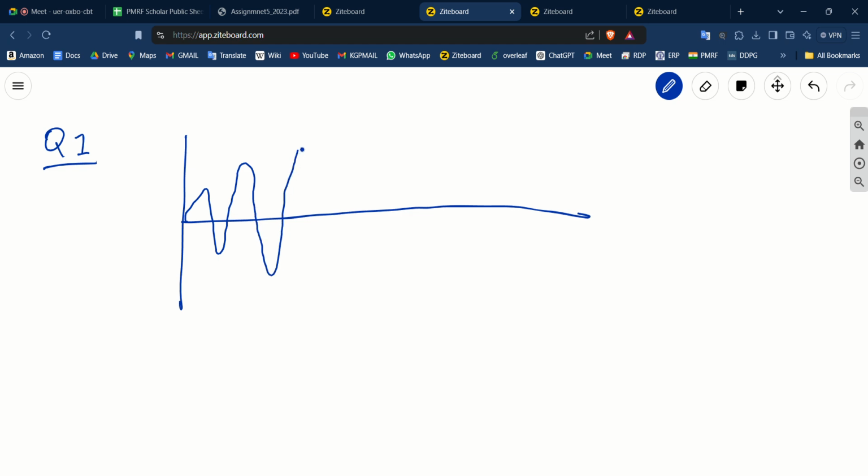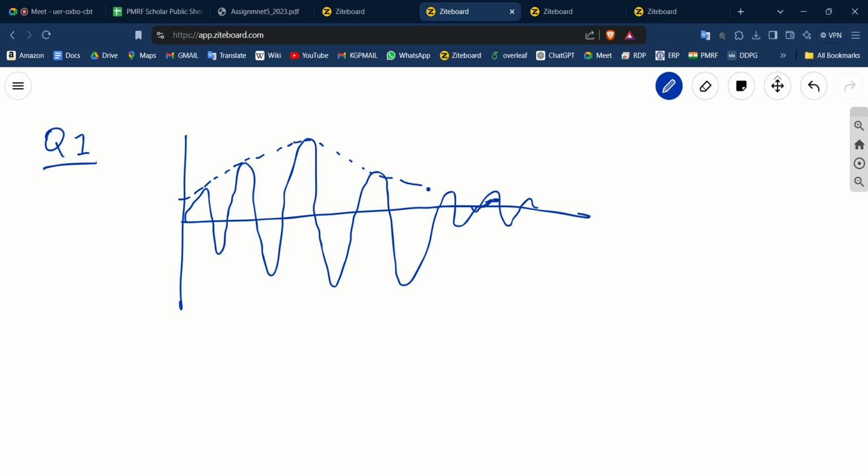So the amplitude is varying. In an envelope based detection scheme, the main message signal is encoded in this envelope, the change of amplitude. This change of amplitude is called the envelope.